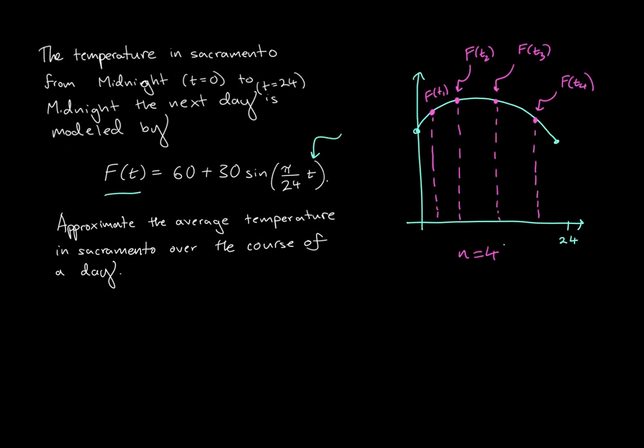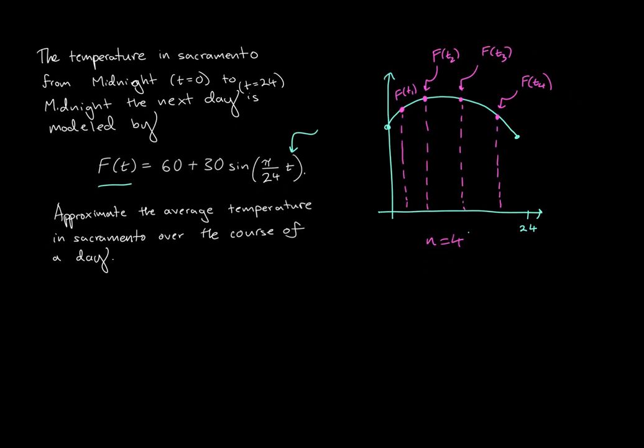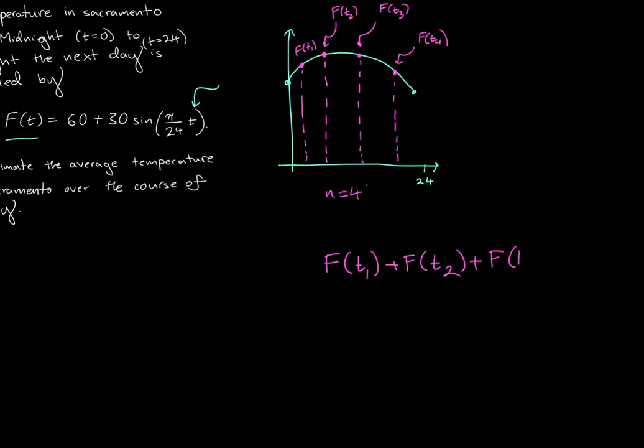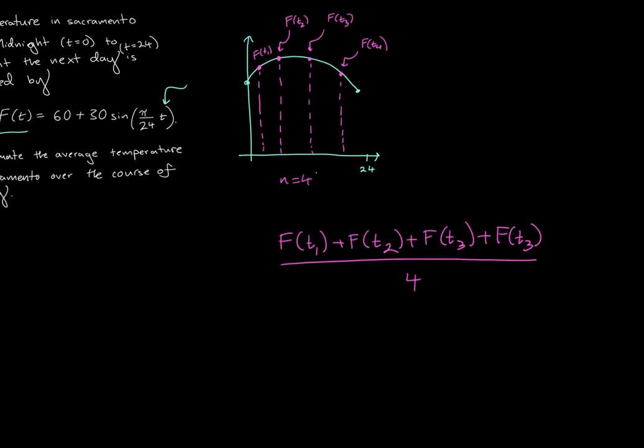To find the average of those, I could simply add them up, f of t1 plus f of t2 plus f of t3 plus f of t4, and of course divide by how many points there are. It's a typical average. I would divide this by 4, and that would be the average of those 4 sample points.